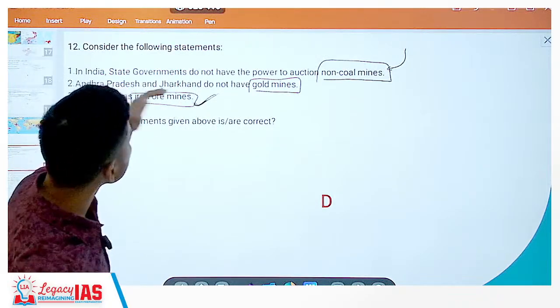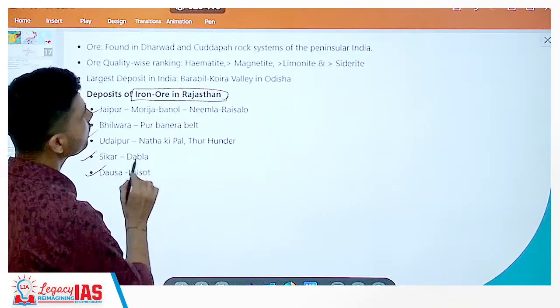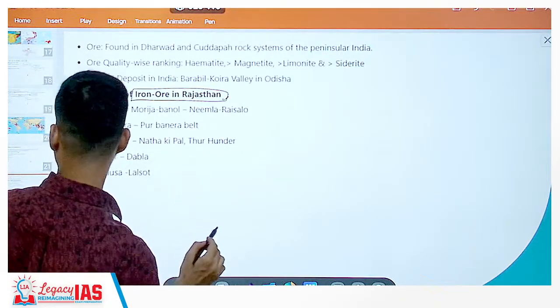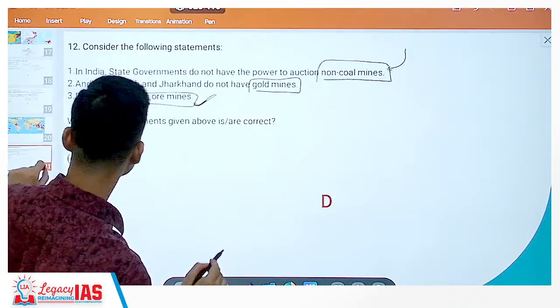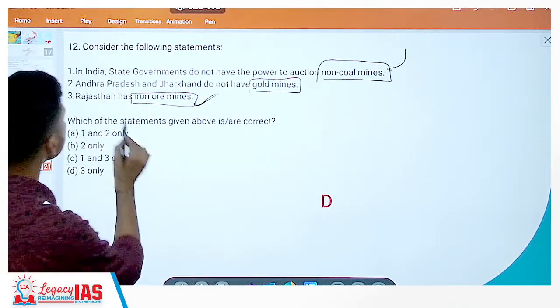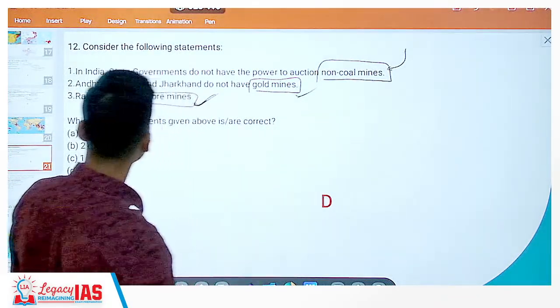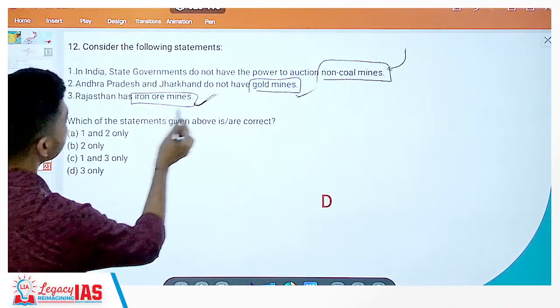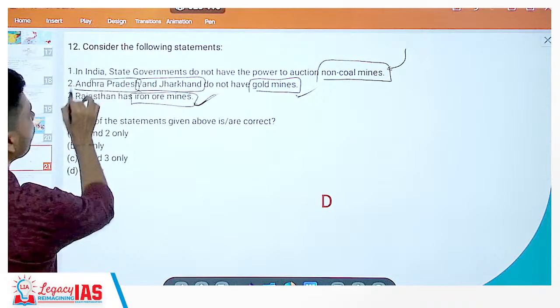Second is, Andhra Pradesh and Jharkhand do not have gold mines. This is an incorrect statement, because in Jharkhand and also in Andhra Pradesh we have found reserves of gold.